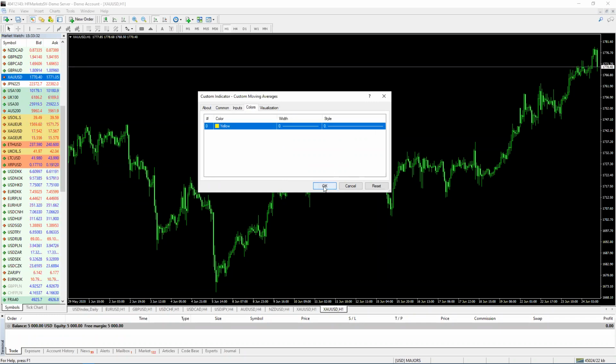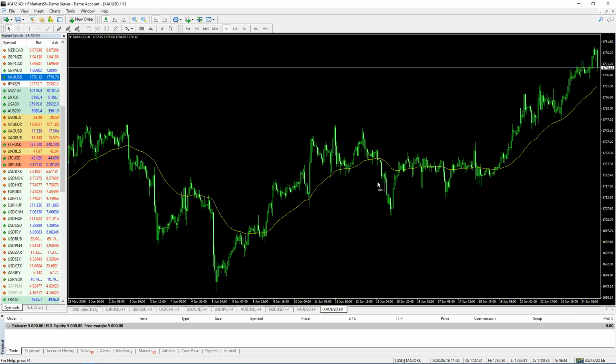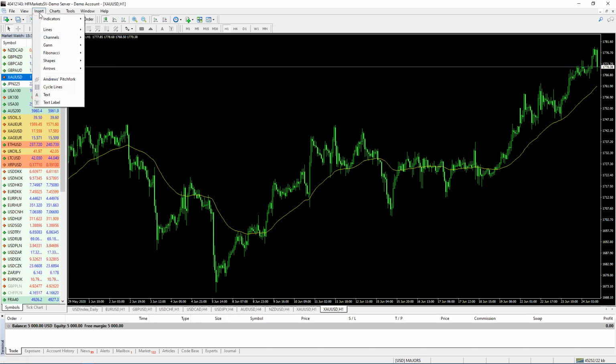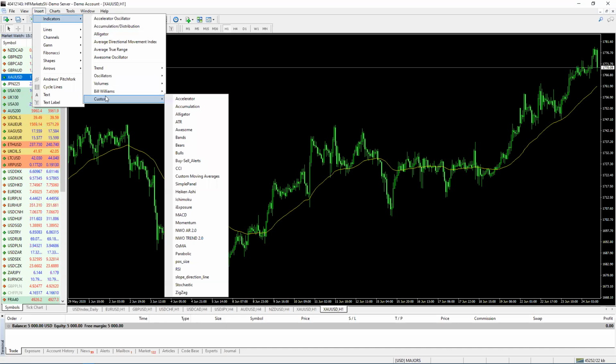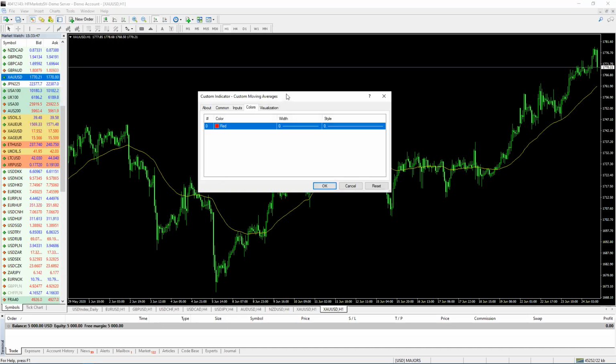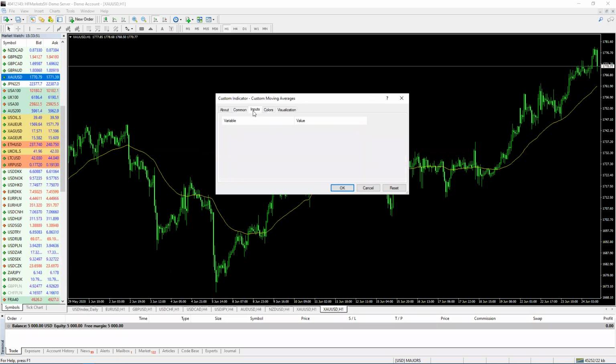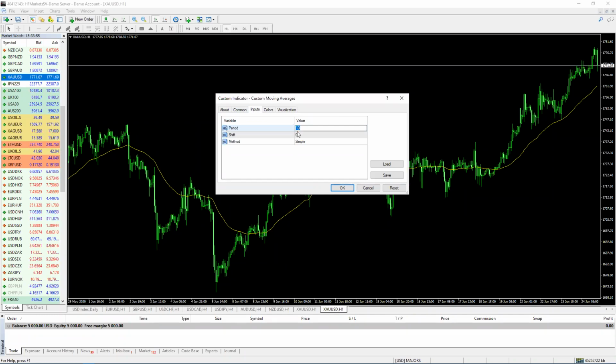Okay, so just click OK, and there you have it. Okay, nataka kuweka another moving average, insert. Okay, indicators, custom indicator, custom moving average. Okay, then nataka inputs, nataka 100 EMA. Okay, so I just type in 100.